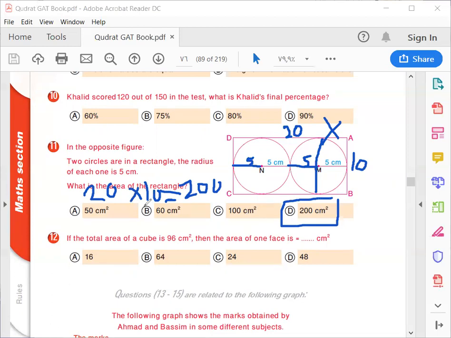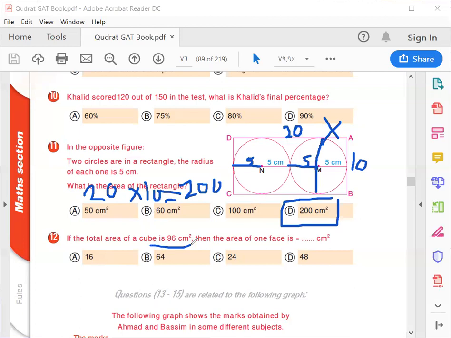Yes. We will go now to the second question, 12 here. If the total area of a cube is 96 centimeter square, then the area of one face is what? He wanted a face. How many faces do I have in a cube?